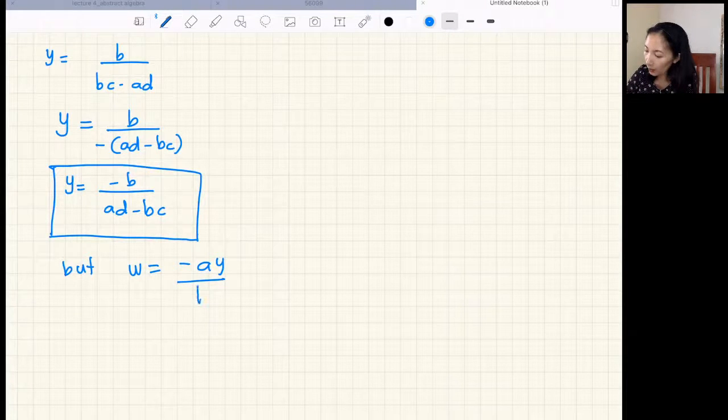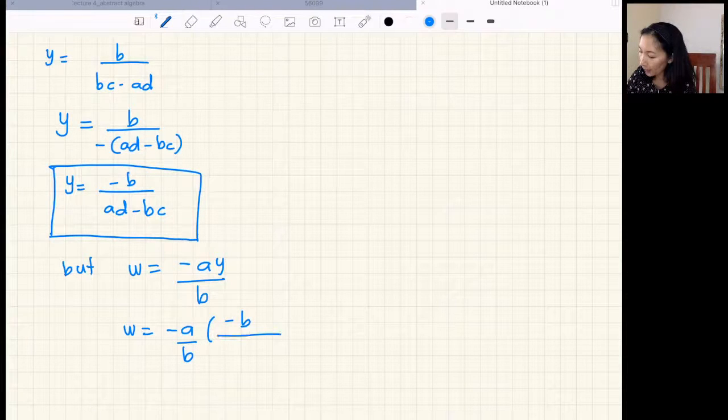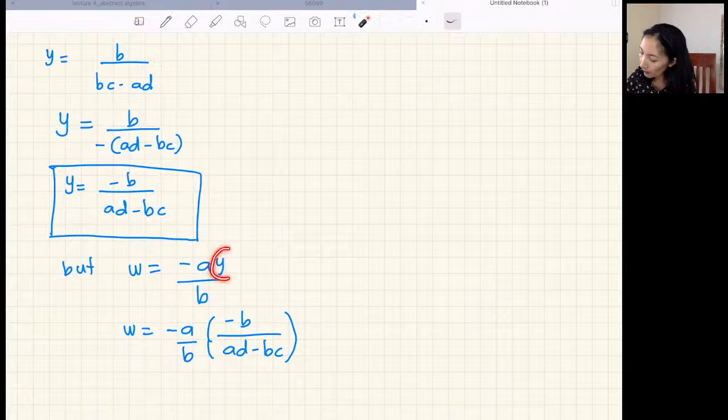So, what will W be? Negative A over B times negative B all over AD minus BC. So that means we have replaced Y with this. Continuing, simplifying it further, this with this will cancel out.